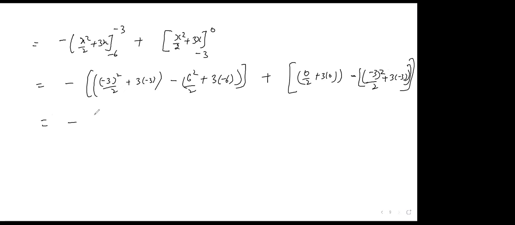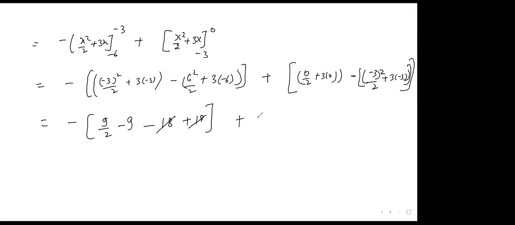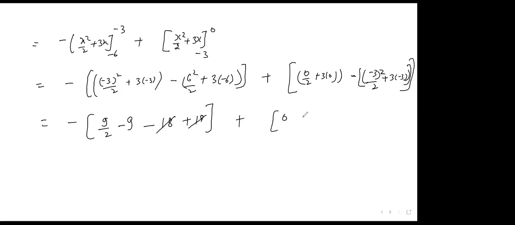So this is negative 9 over 2 minus 9. Minus 6 square over 2 is 18, plus 18, plus 0 minus 0, minus 9 over 2 and plus 9.